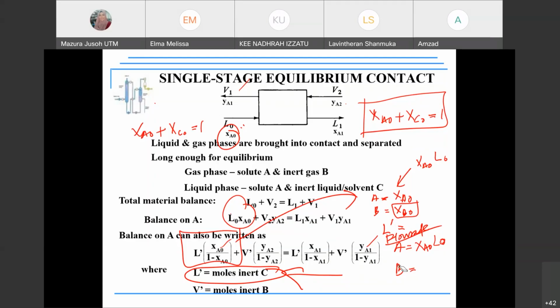Sorry, not B, I'm still confused. B is for the gas. C, we are talking about L naught. So if the flow rate of A is XA naught times L naught, for C, what is it, when you know XA naught plus XC naught equals 1? So what should be for C?